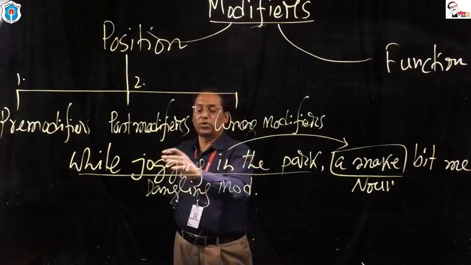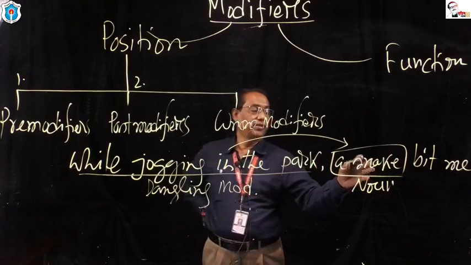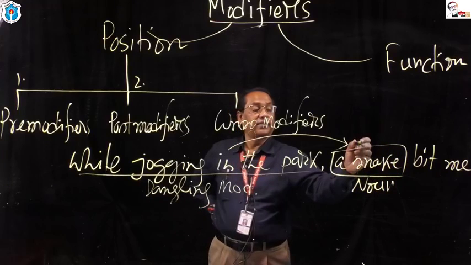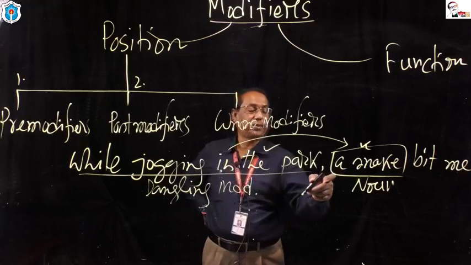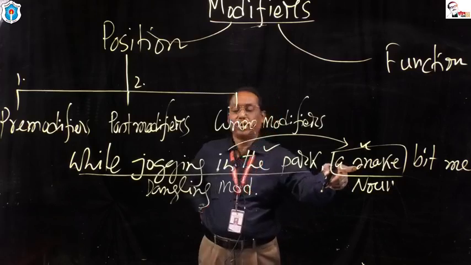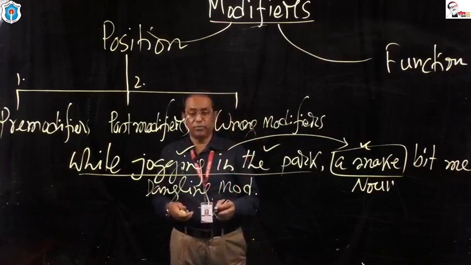পার্কে যখন জগিং করছিল তখন একটি স্নেক আমাকে কামড় দিয়েছিল। তাহলে জগিং, যেহেতু while jogging in the park কথাটি কার পাশে বসিয়েছি? স্নেকের পাশে, এটা সাবজেক্ট। তাহলে মনে হচ্ছে সাপটা জগিং করছিল। Is it possible?